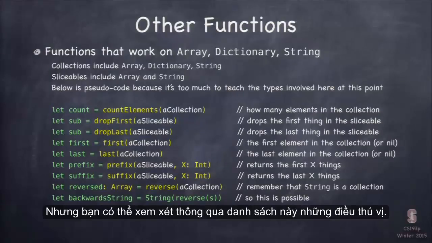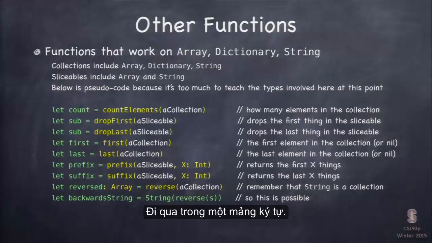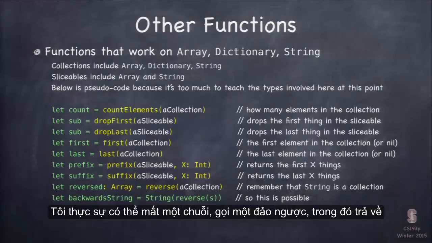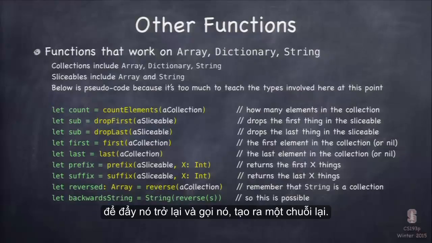But you can look through this list, kind of interesting things. I can combine it with the thing I was talking about at the end there, with the string, passing in an array of characters. I can actually take a string, call reverse, which returns an array of the characters reversed, and then call string to push it back and create a string again.